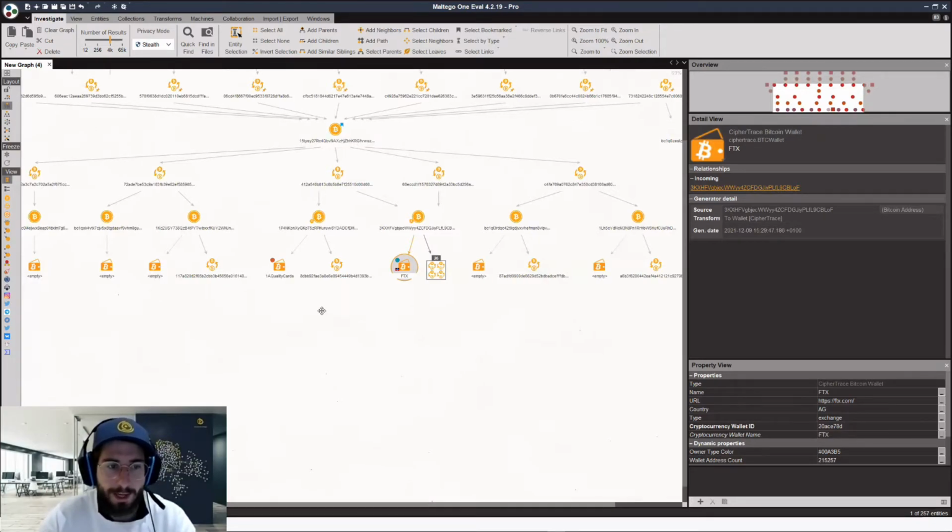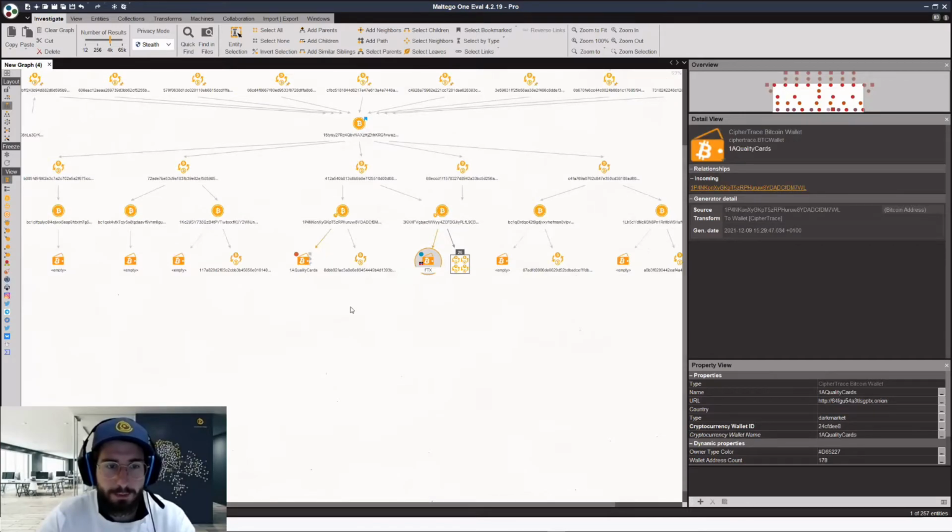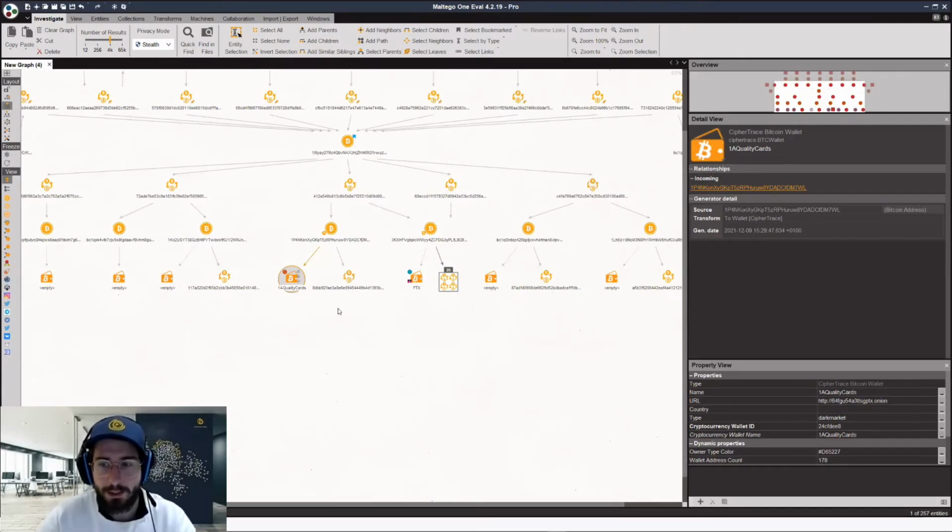And the other wallet that we get, the other return we get, is actually 1A Quality Card, which is a dark market. For those who don't know, a dark market is a market on the dark web that is going to sell you often illegal goods.